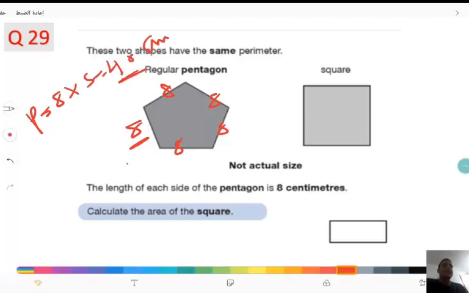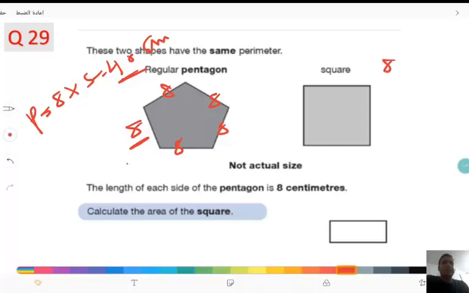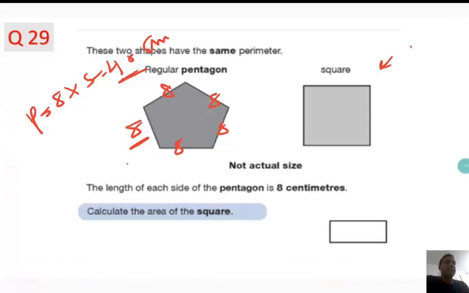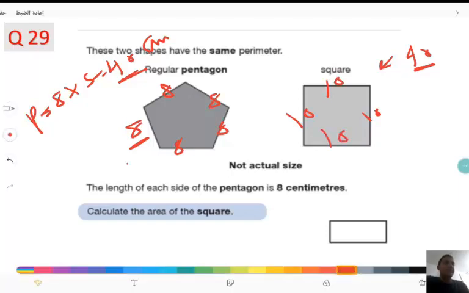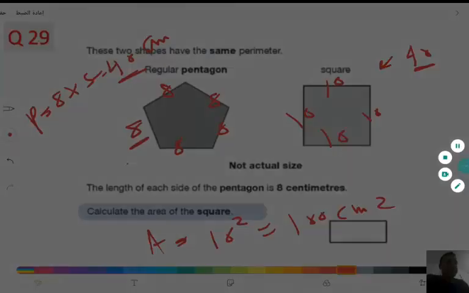This is the perimeter of the regular pentagon, which is the perimeter of the square as well, 40 centimeters. And then one side of the square is 10 centimeters. Then we can find the area easily. 10 squared, which is 100 centimeters squared. That's it.